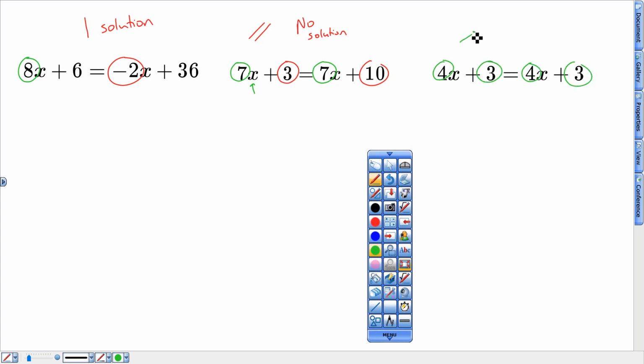Those are overlapping lines or infinite solutions. One solution, always these lines that are intersecting, and we'll start to be looking at that right there.